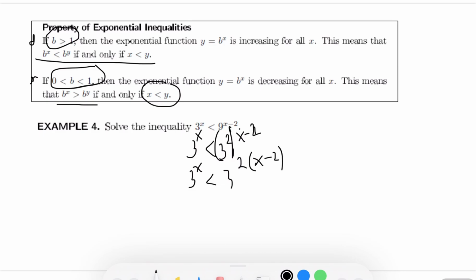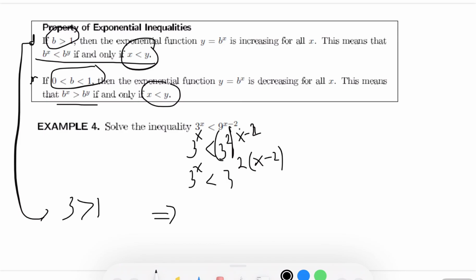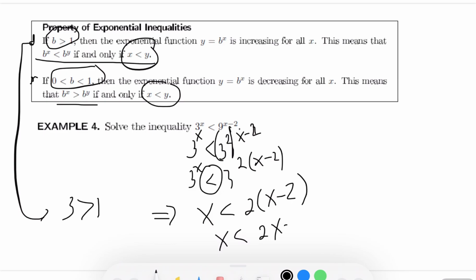So now the same base. Take note, 3 is greater than 1, so we will use this condition. If that is the case, then we just follow the direction. Meaning x is less than 2 times x minus 2. So we have x less than 2x minus 4.